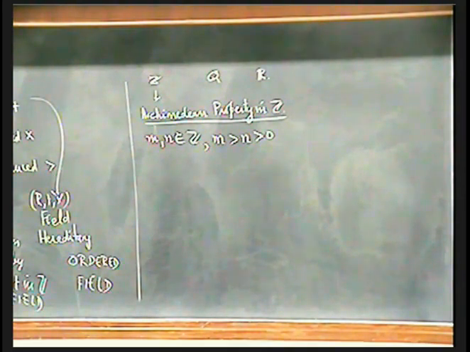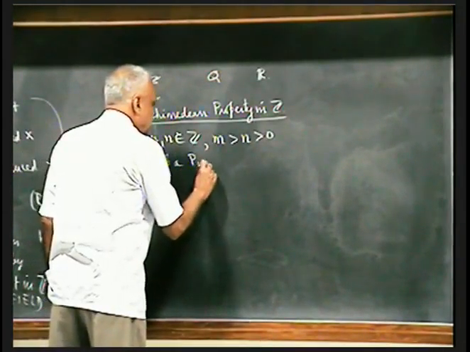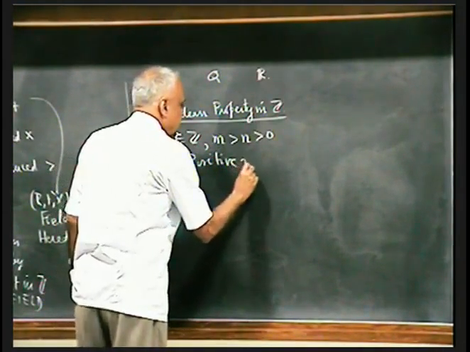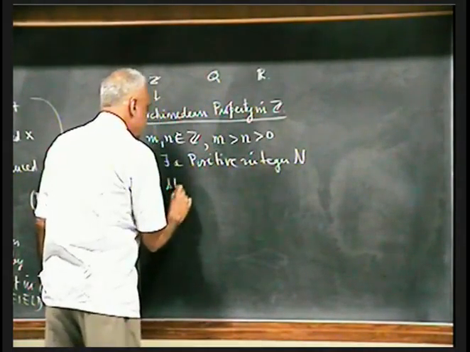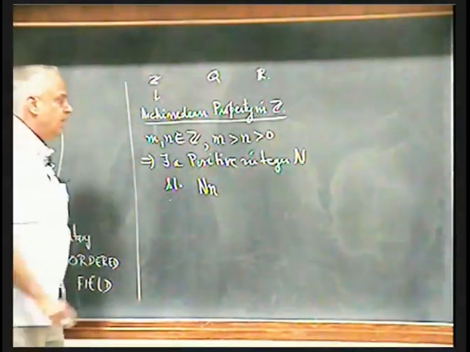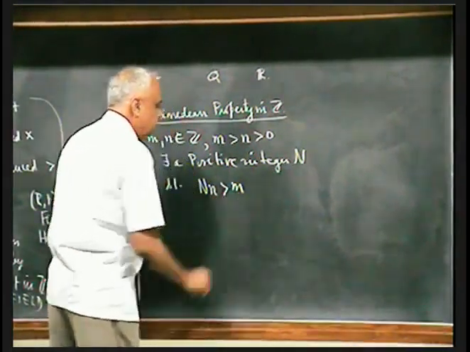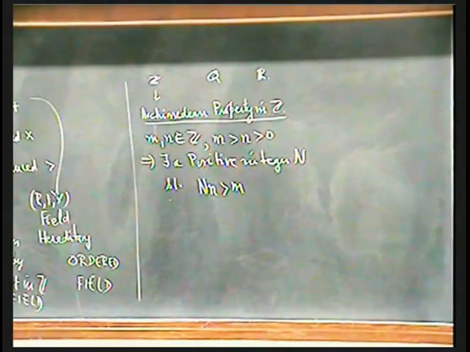But if I go on making dollars, after some time I will beat you. That's what the Archimedean property is. That implies there exists a positive integer N such that if you take N copies of that smaller quantity, that will beat the bigger quantity. N times n is greater than m. So that is the Archimedean property.